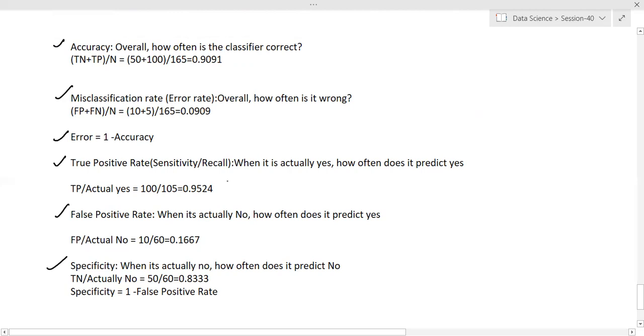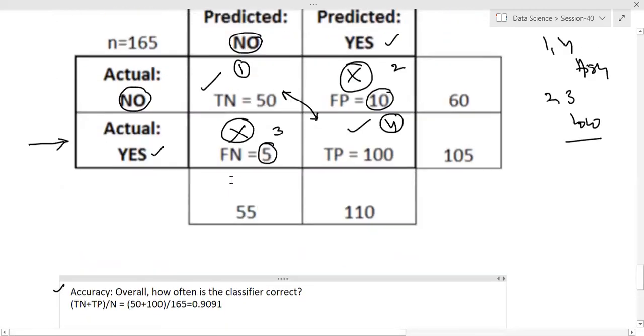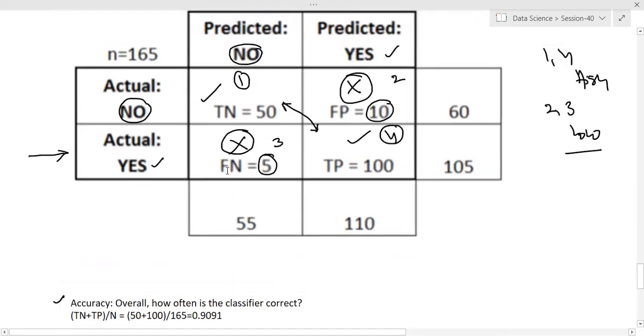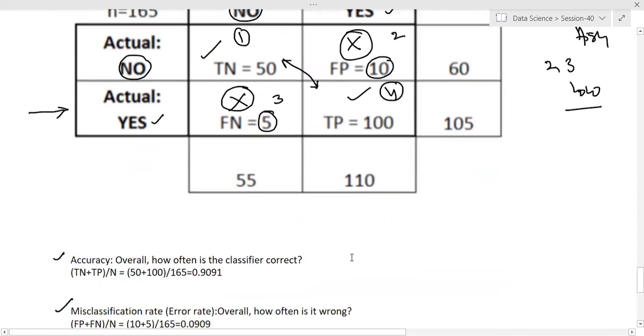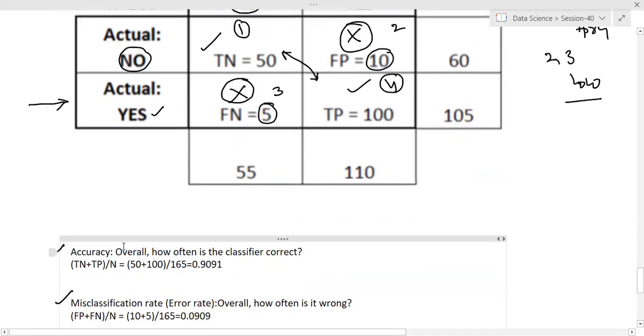The confusion matrix does not directly give the output of precision, recall, and these kinds of scores. It only gives true negative, false positive, false negative, true positive. However, accuracy can be defined as overall how often the classifier is correct.